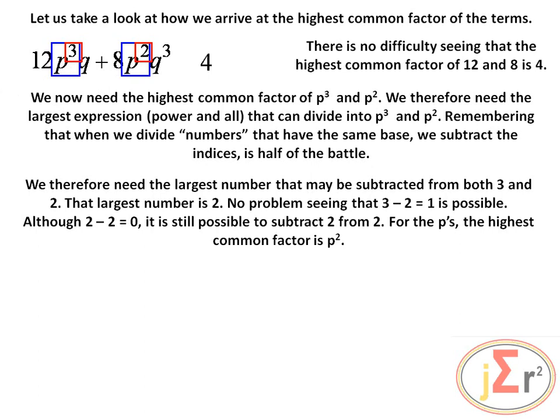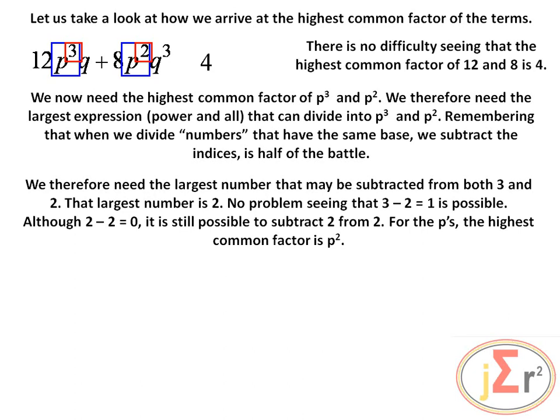We have to say, because when we divide we subtract the indices, what is the largest number that can be subtracted from 3 and that can also be subtracted from 2. That largest number is 2.